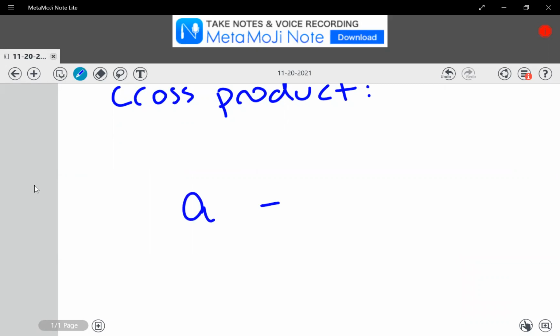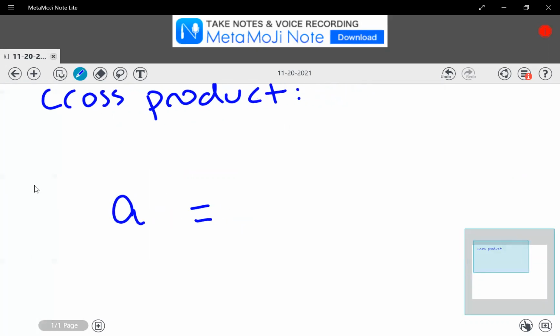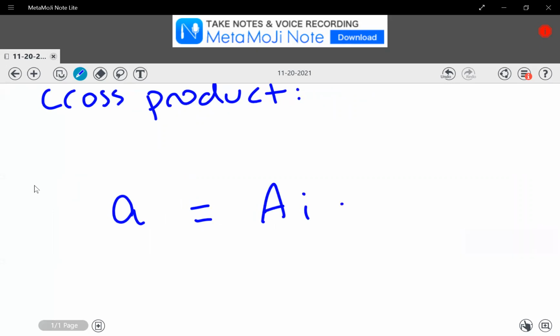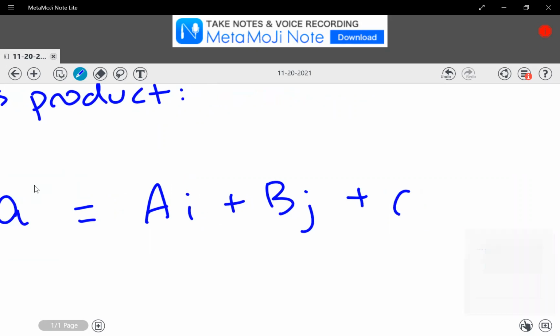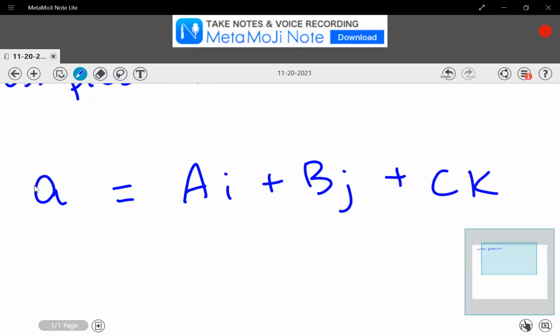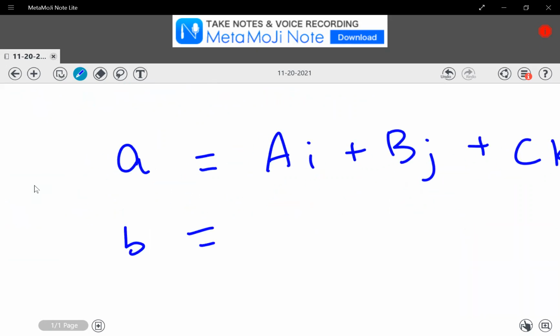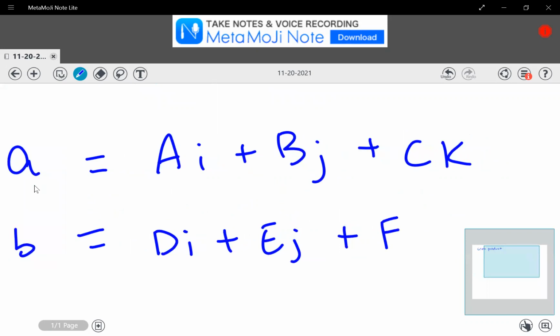So vector A is going to be Ai plus Bj plus Ck. Vector B is going to be Di plus Ej plus Fk.